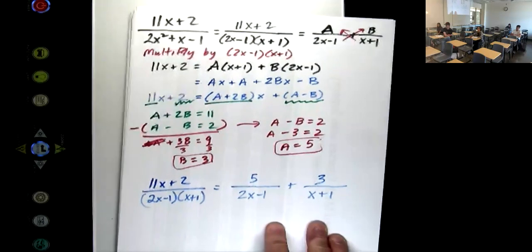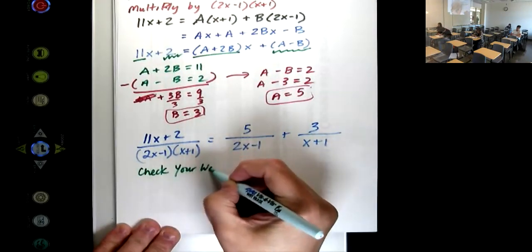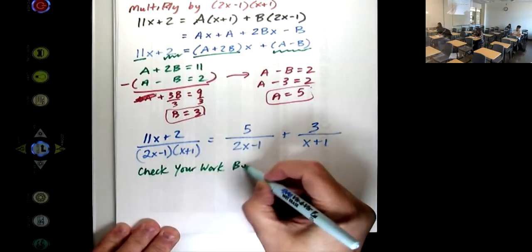Same thing we did on the first part, find a common denominator, so you can check your work.